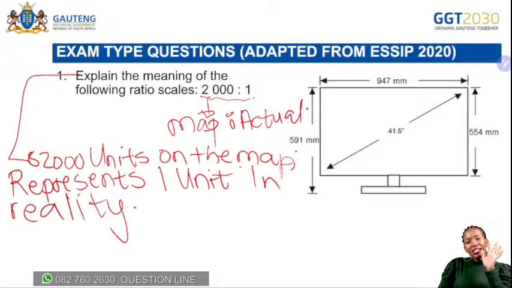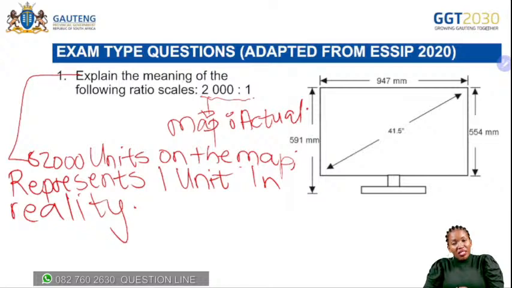You explain it the same way that we explain all the other scales. So this 2000 units on the map represents 1 unit in reality. If you want to use centimeters, you will say 2000 centimeters on the map represents 1 centimeter in reality. That is how you explain your scale.